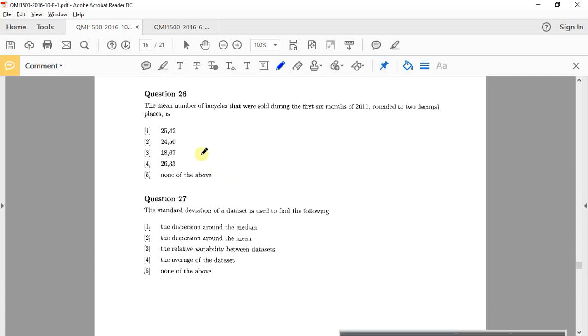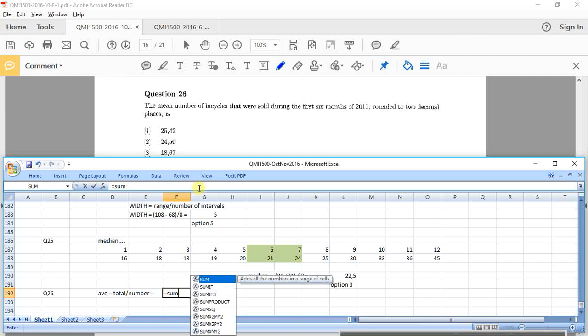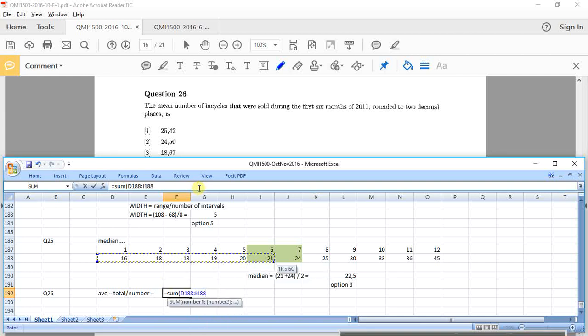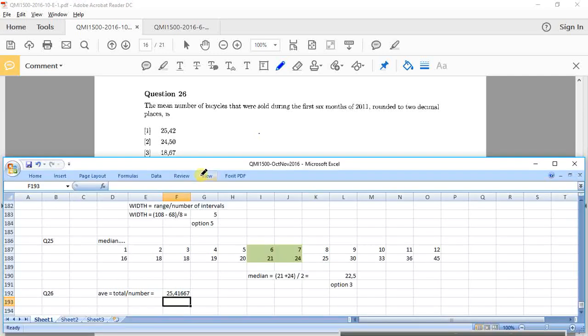Question 26 says the mean, round it off. Mean is average. That's easy. You're just going to work out the average. Average equals total divided by the number. Does that make sense? Do you agree? So sum up all of this, divided by 12. 25.41, 416.